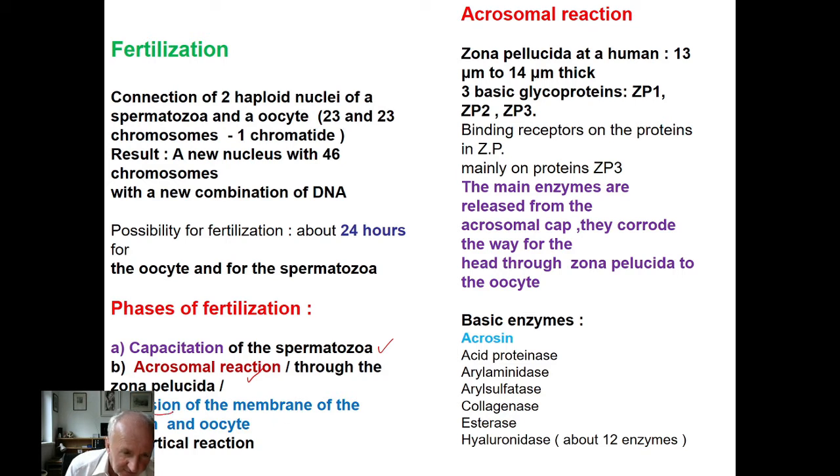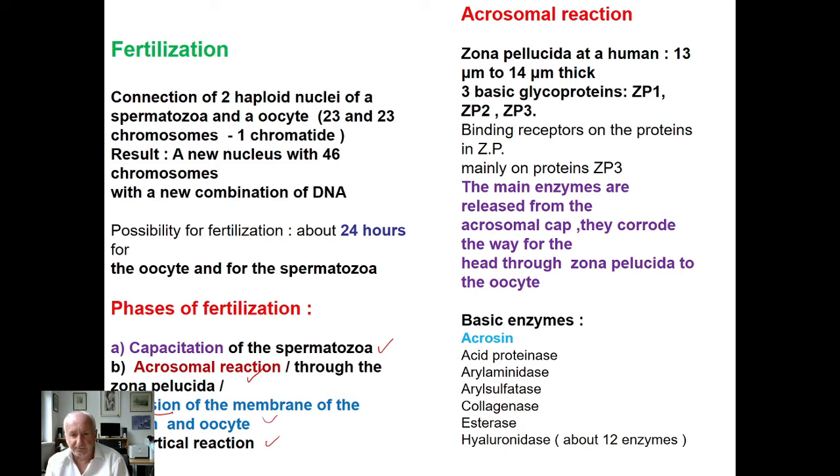The contact and fusion of the membrane of the sperm and oocyte has to happen. What is inside the sperm will get into the cytoplasm of the oocyte. The last very important part is the cortical reaction. This is the job not of the spermatozoa but of the oocyte, to prevent polyspermy.